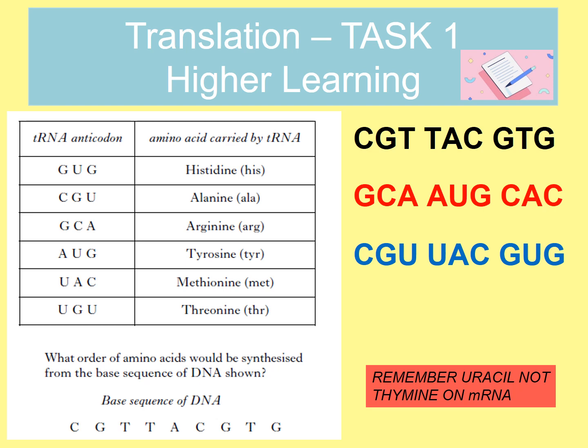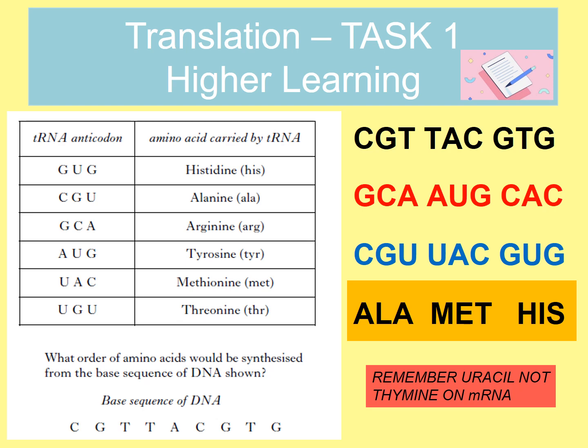That's our genetic code, that's our triplet of bases as they're read by the ribosome, but what would be the amino acid sequence? So CGU would correspond to alanine, UAC would correspond to methionine, and GUG would correspond and translate to histidine.